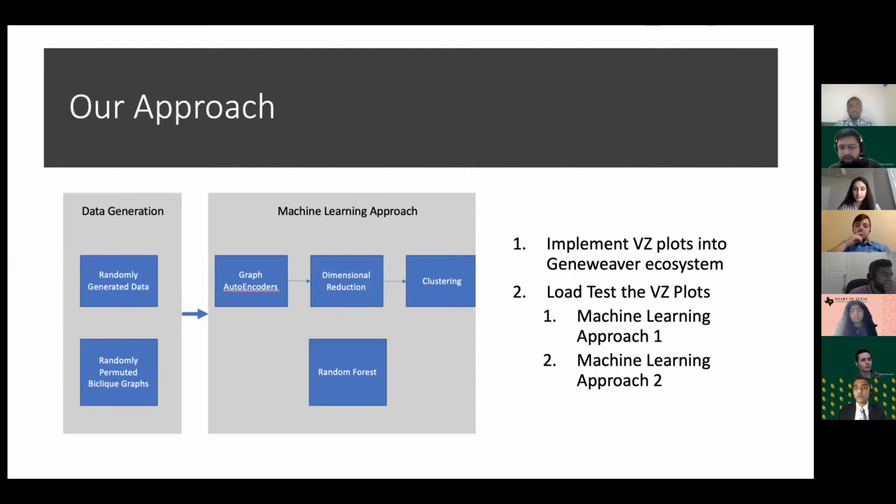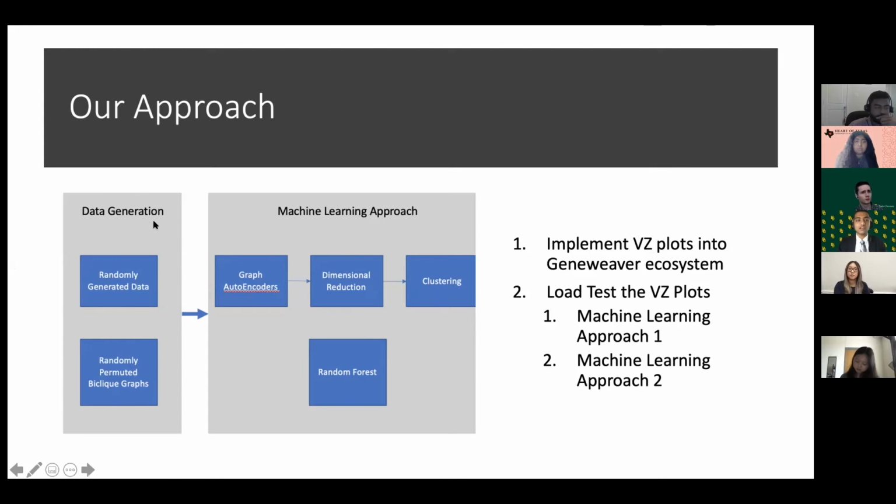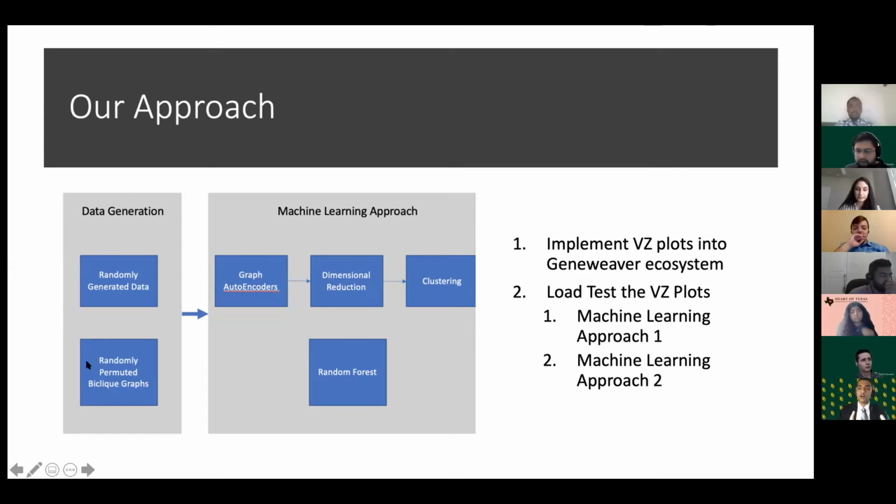I'll talk in more detail on these two approaches in the next few slides, but for reference, we can see here the workflow of our two machine learning approaches. I called the first one machine learning approach 1 and the second one machine learning approach 2, which I know is a very unique name.